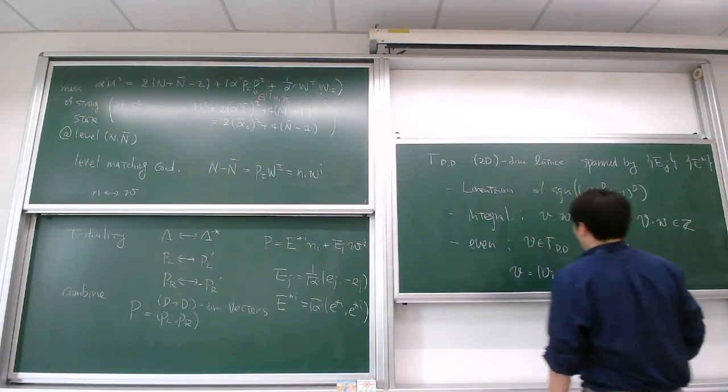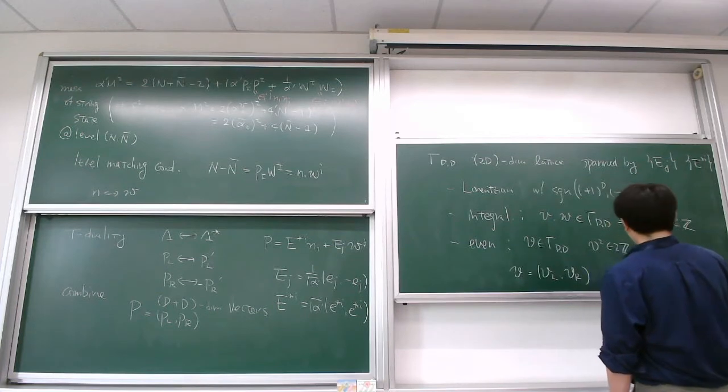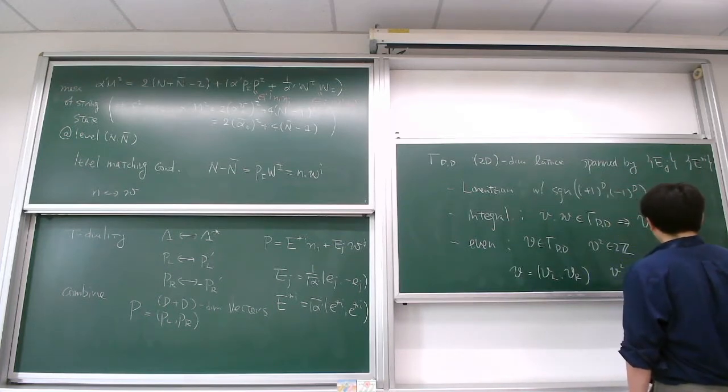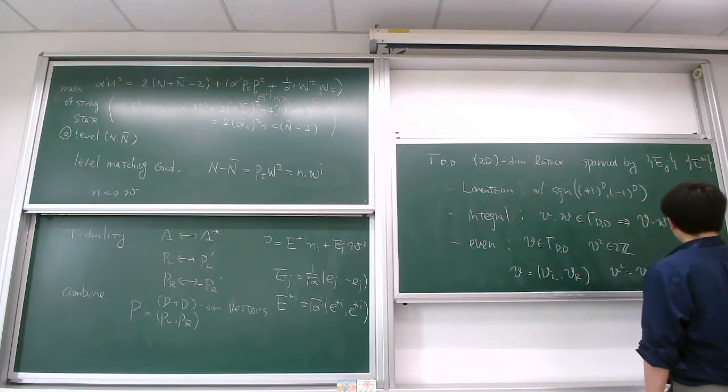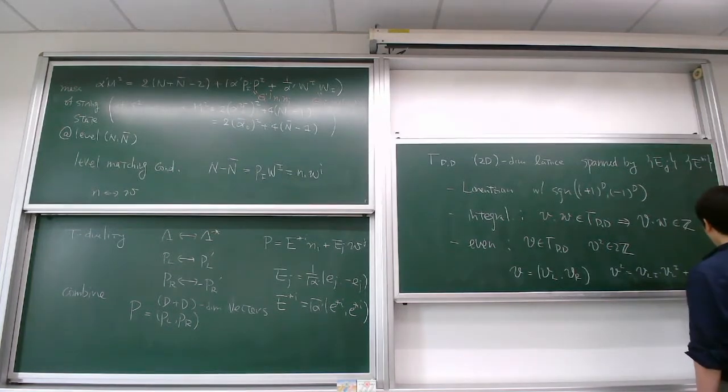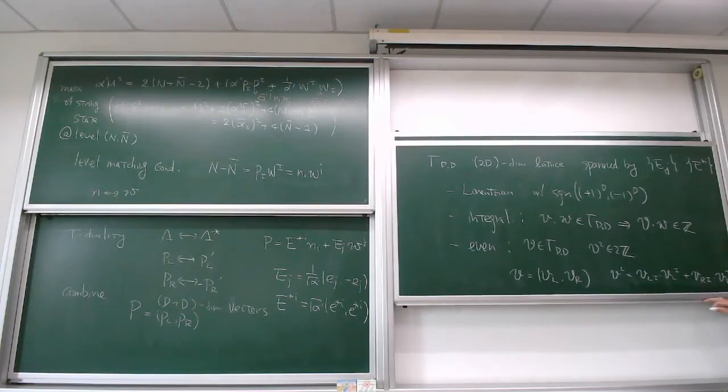And B squared is indeed BLI times BLI plus BRI times BRI, that's the inner product.